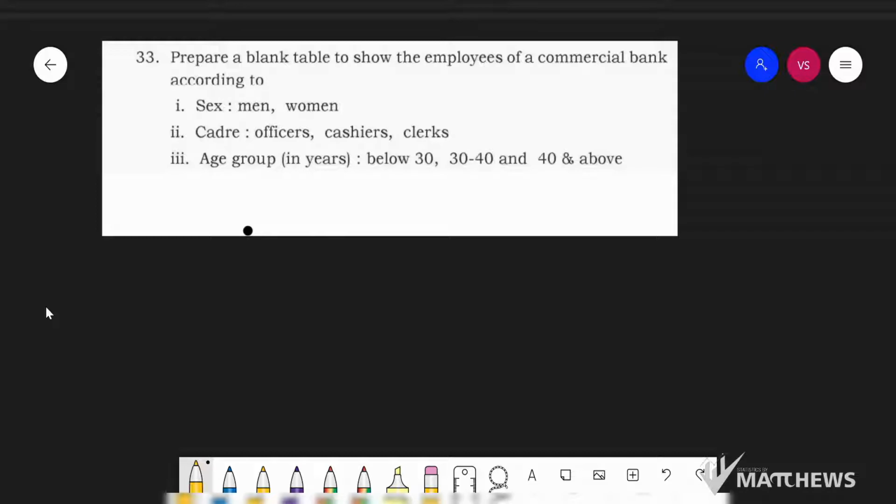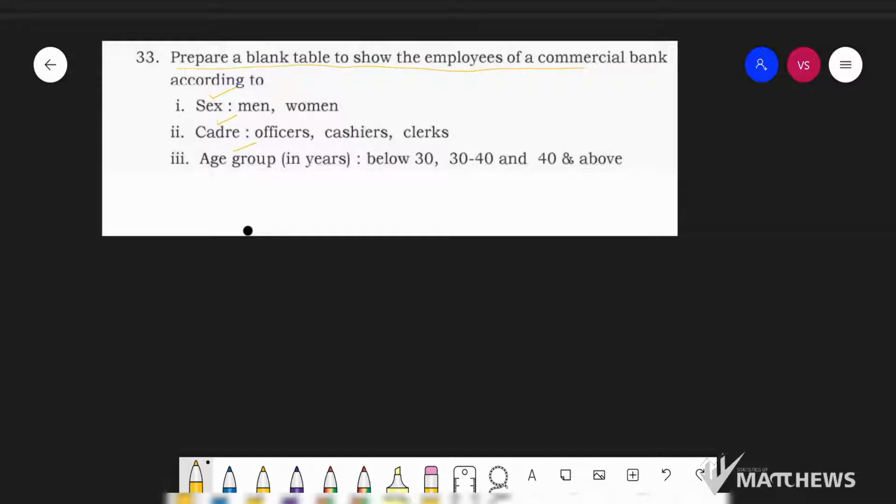Okay, so I'm taking another problem today, which is clearly displayed on the screen for you. It is about preparing a blank table to show the employees of a commercial bank according to the first characteristic, sex, the second characteristic, the cadre, and the third characteristic, their age group.